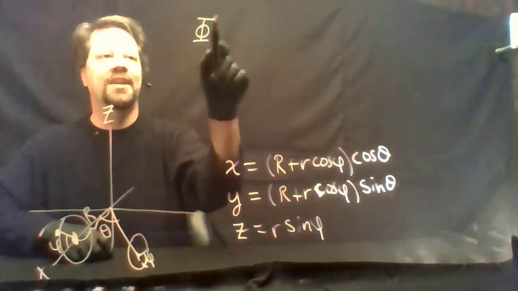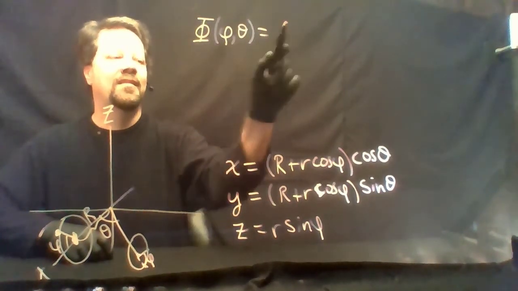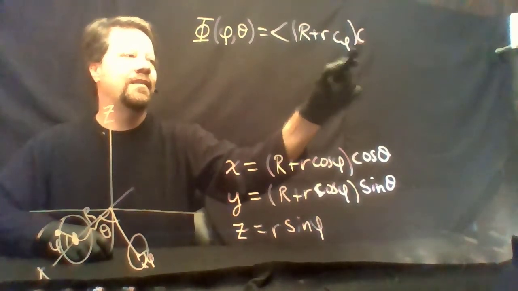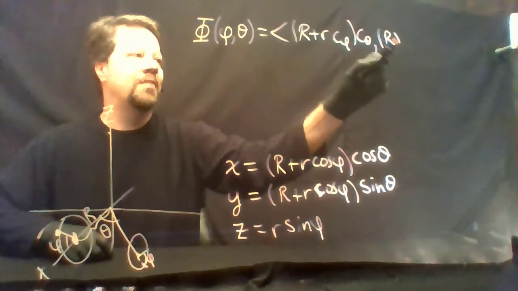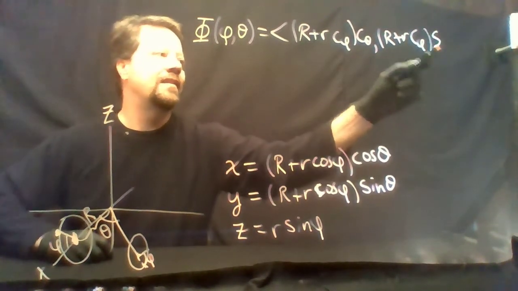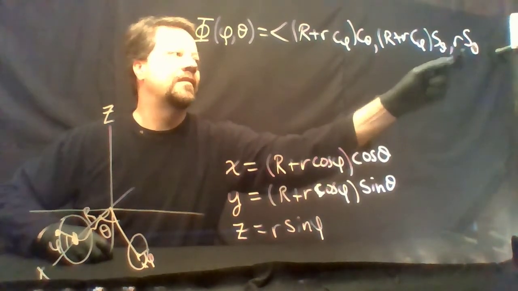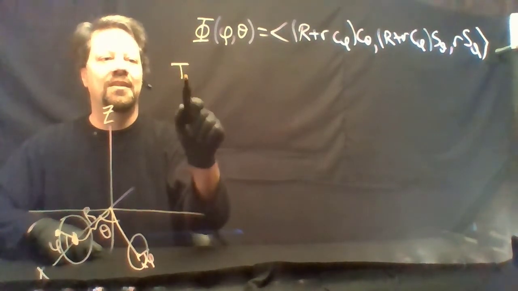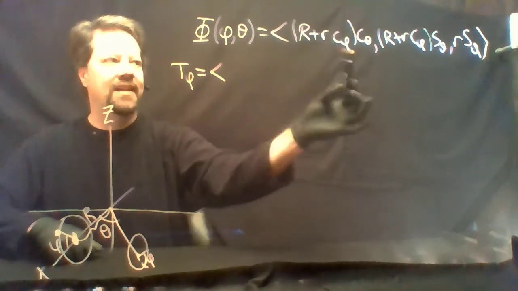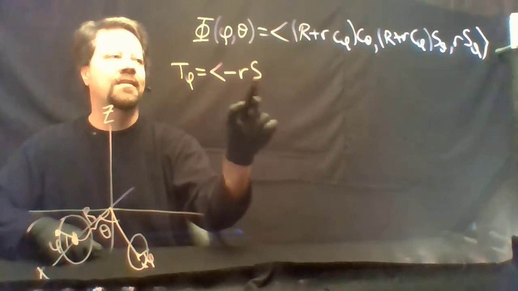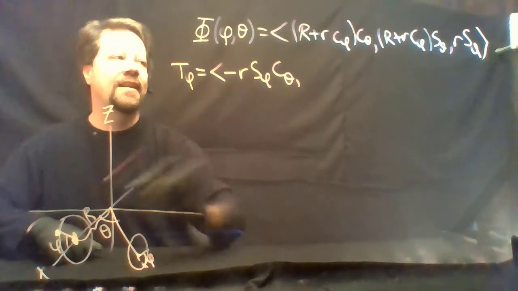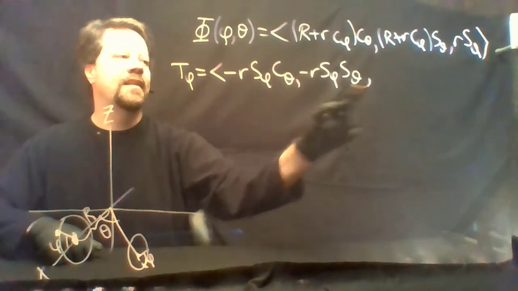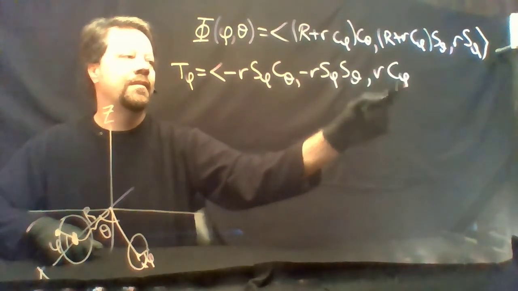Our parameterization will be just this: big R plus little r cosine phi cosine theta, big R plus little r cosine phi sine theta, followed by r sine phi. Calculating the tangent vectors, we'll have t phi, taking the derivative with respect to phi: minus r sine phi cosine theta, and then minus r sine phi sine theta, followed by r cosine phi.